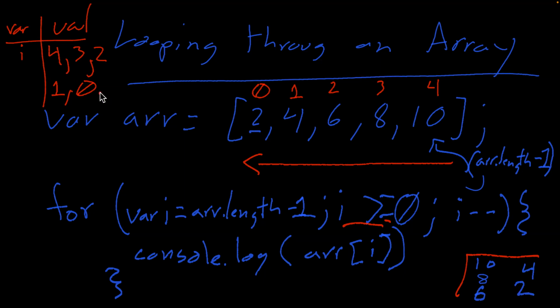Negative 1. Is negative 1 greater than or equal to 0? No. So at this point, we break. We no longer continue, and we've logged everything in our array from right to left, using array.length minus 1 as our starting point and 0 as our ending point.